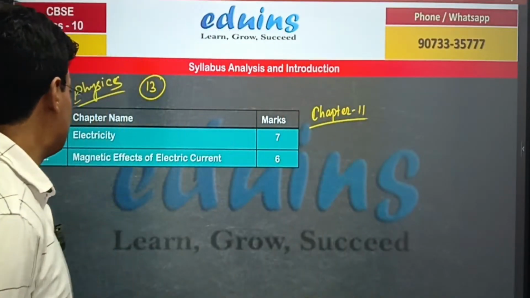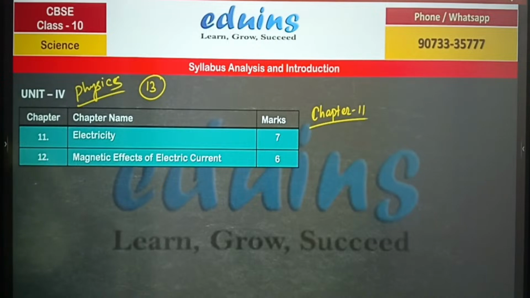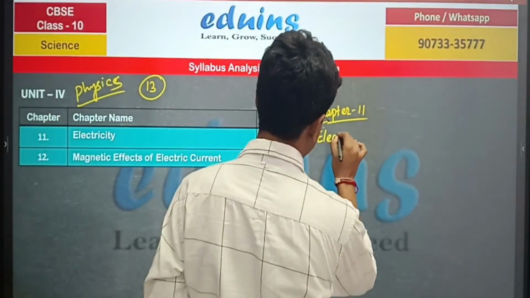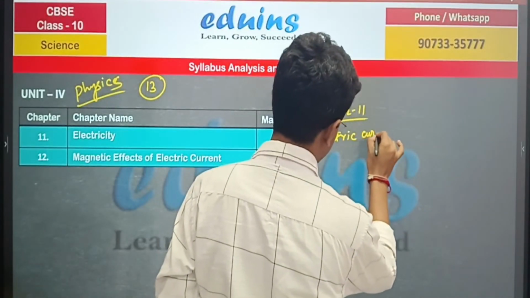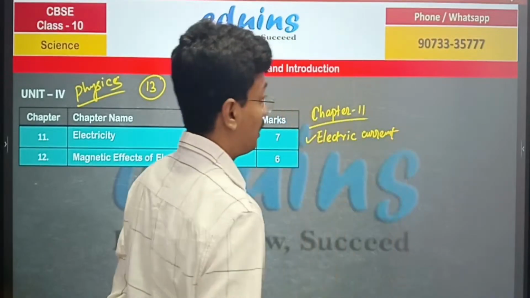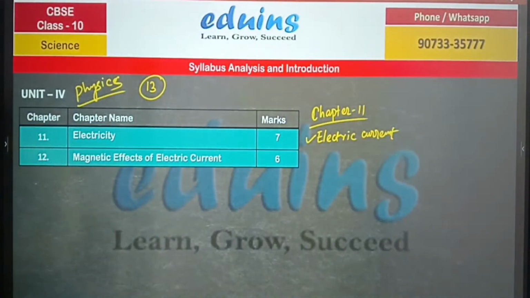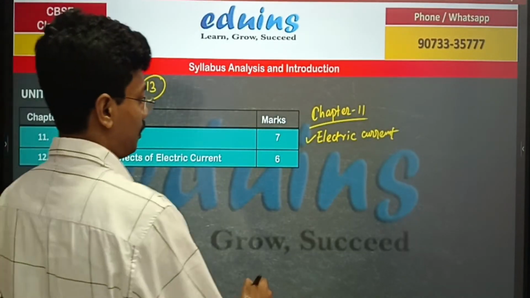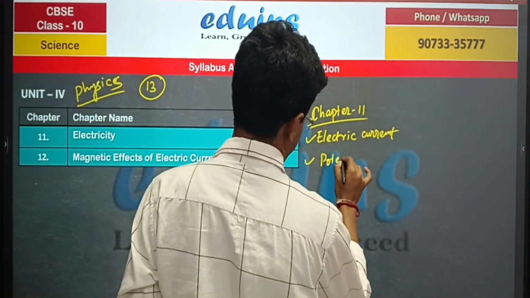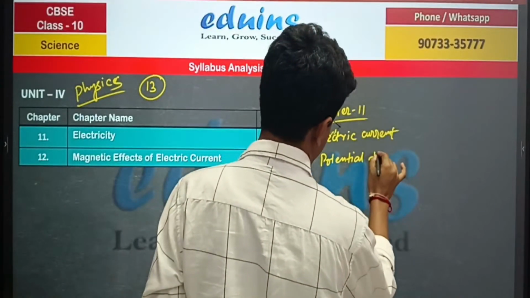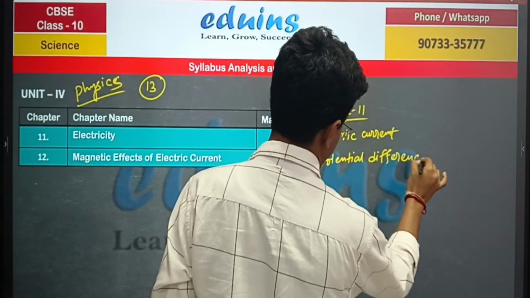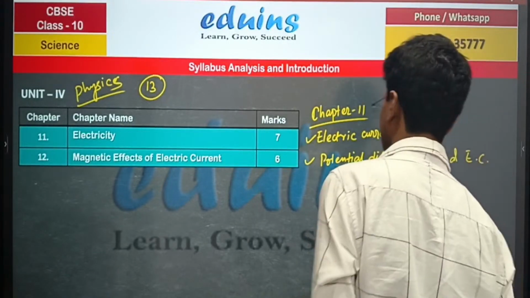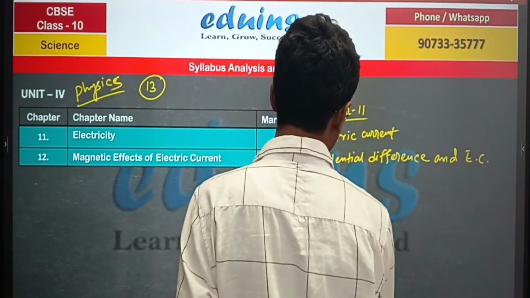In chapter 11, we will study electric current, the electric potential and potential difference, and the resistance.